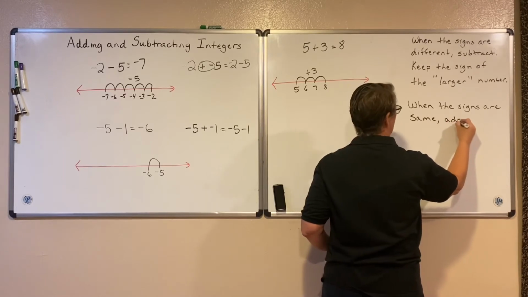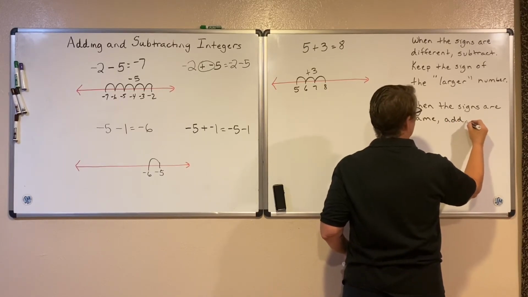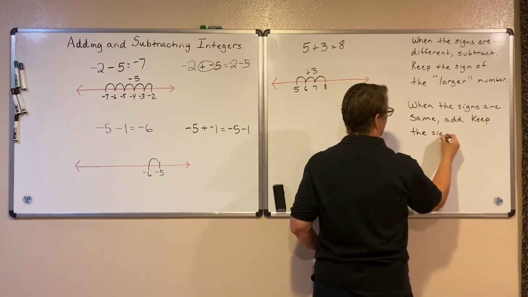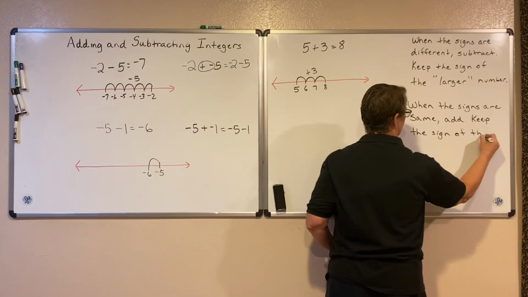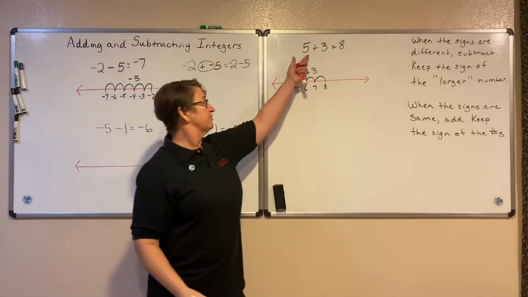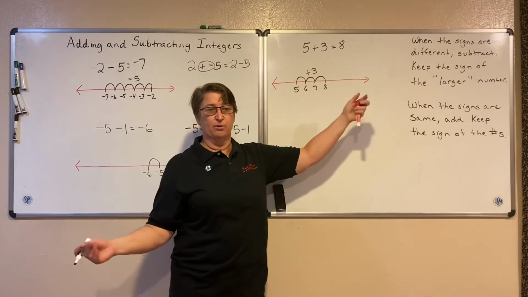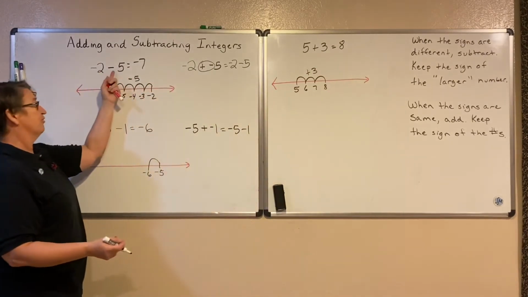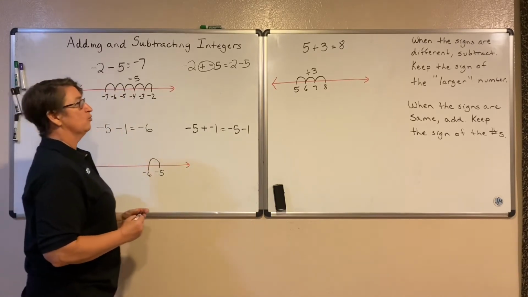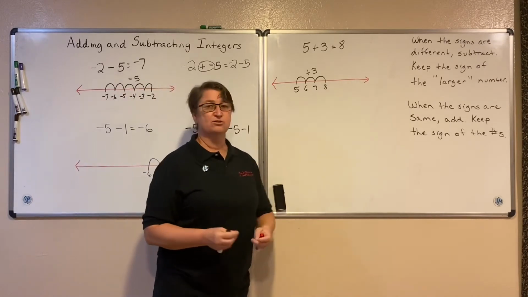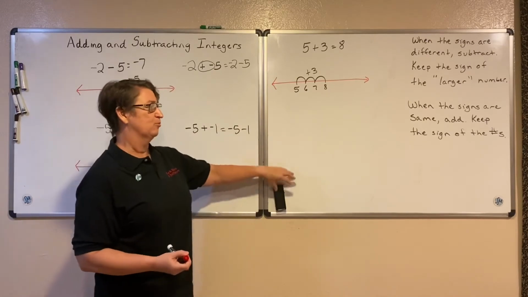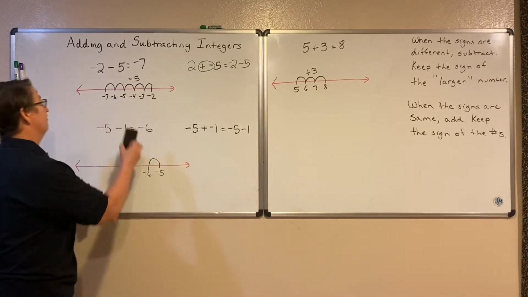Because if I'm in positive land, I move further to positive land, I'm still in positive land. If I'm in negative land and I move further into negative land, I'm still in negative land. So when the signs are different, we're going to subtract and then keep the sign of the larger number. When the signs are the same, we're going to add and we're going to keep the sign of the numbers.